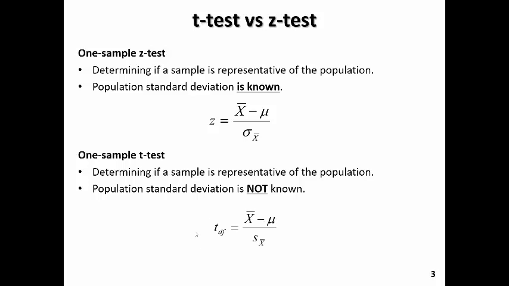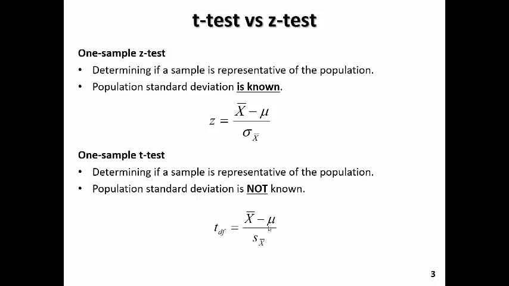But you'll see that the one sample t-test is based on the calculation of a t-statistic, and to calculate the t-statistic, we would have to know the sample average, and because it's a one sample t-test, we only have one sample.